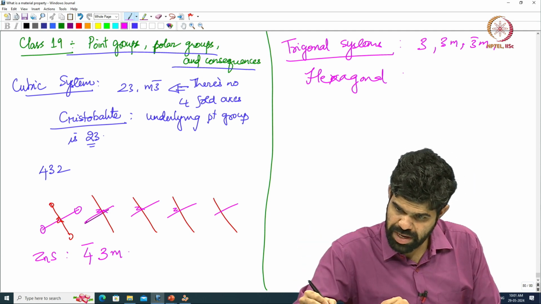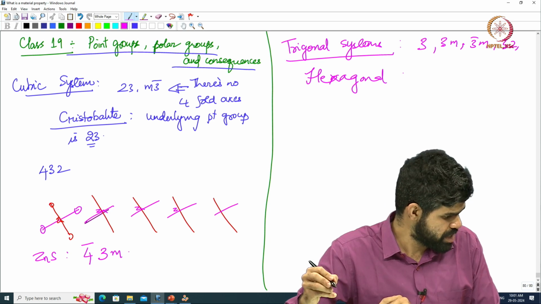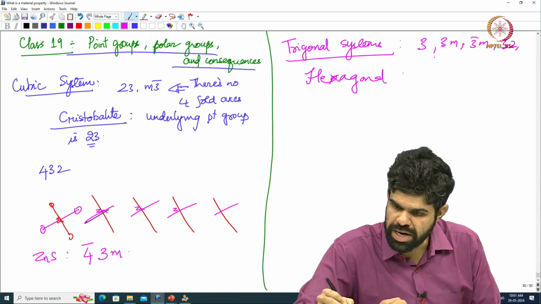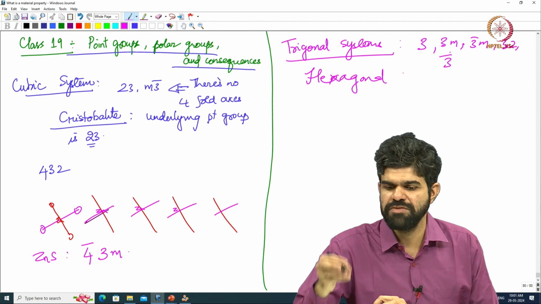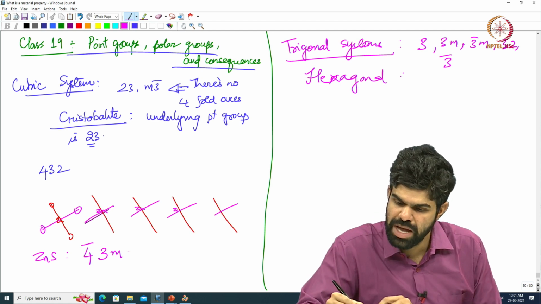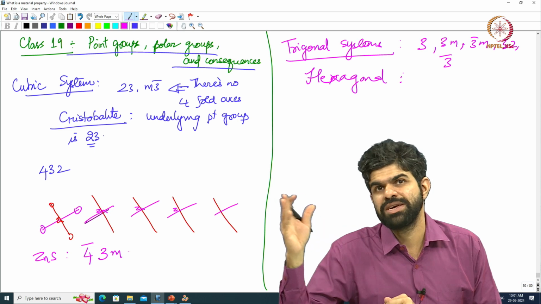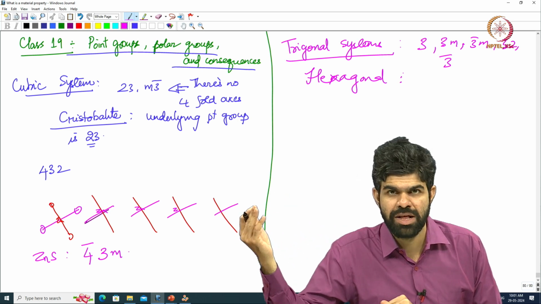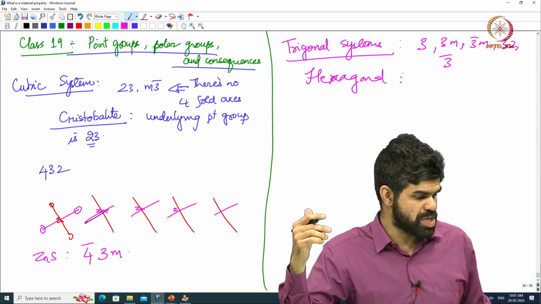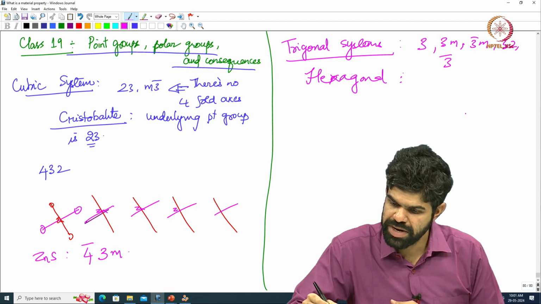Instead of 3m, I can have 3 2, right, and 3 bar, right. So these are the various trigonal systems that come up. There can be a 3 by m, but 3 by m also becomes one of these hexagonal point groups. So I do not use 3 by m, I think we did do that, right.